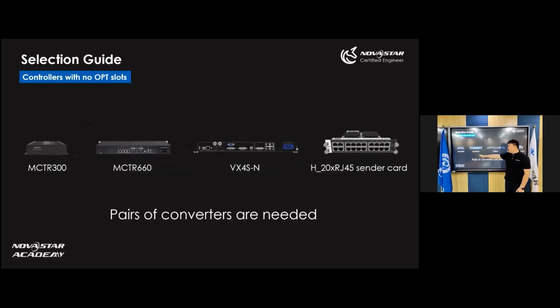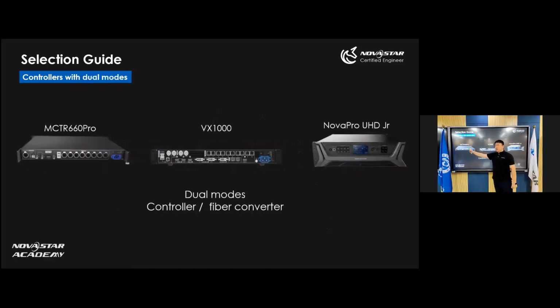For the 300 or 660, VX4S or the H series sender card, a pair of converters is needed. But if we use something like MCTRL660 Pro or VX1000 or Nova Pro UHD Junior as the sending controller, we just need one fiber converter because they already have the fiber outputs on themselves. So we just need one for the receiver to load the screen.